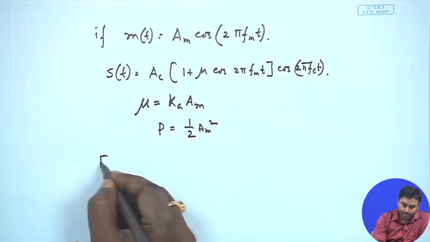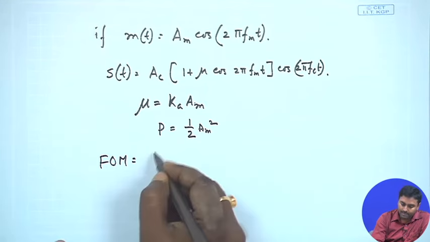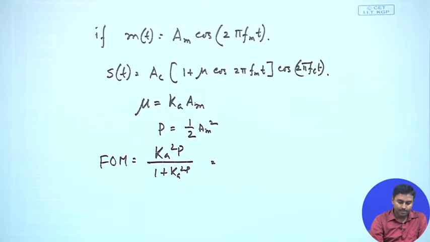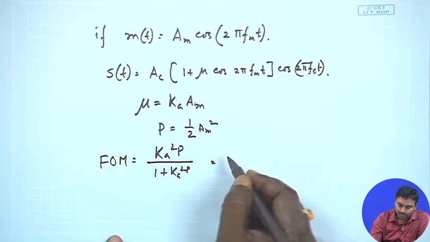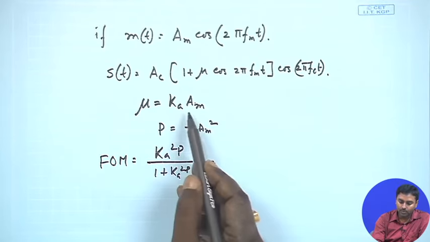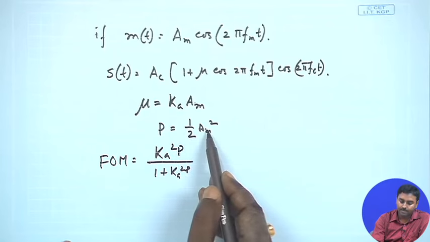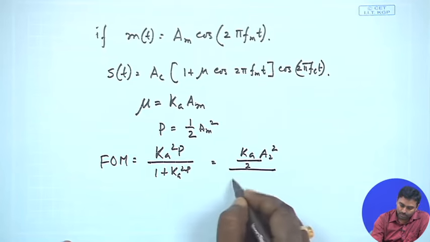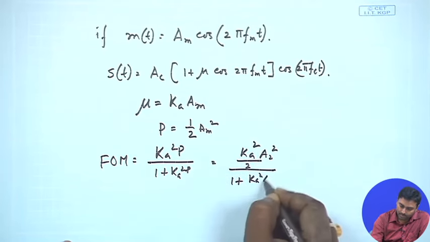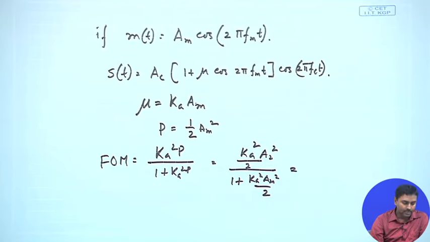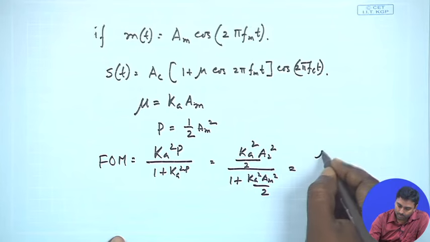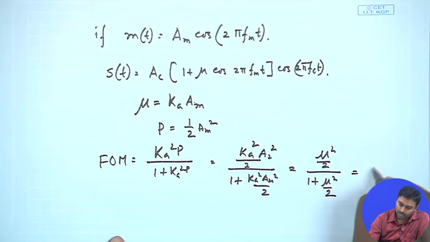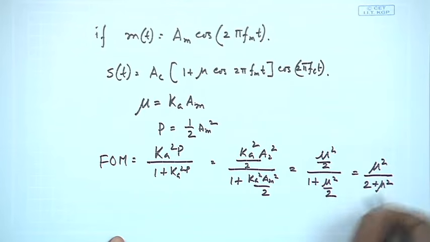Therefore, the figure of merit that we have already calculated, K_a square P divided by 1 plus K_a square P, we can put in terms of mu. If I put P as half A_m square, I get K_a square A_m square divided by 2 over 1 plus K_a square A_m square divided by 2, which is nothing but mu square by 2 over 1 plus mu square by 2, or I can write it as mu square over 2 plus mu square.